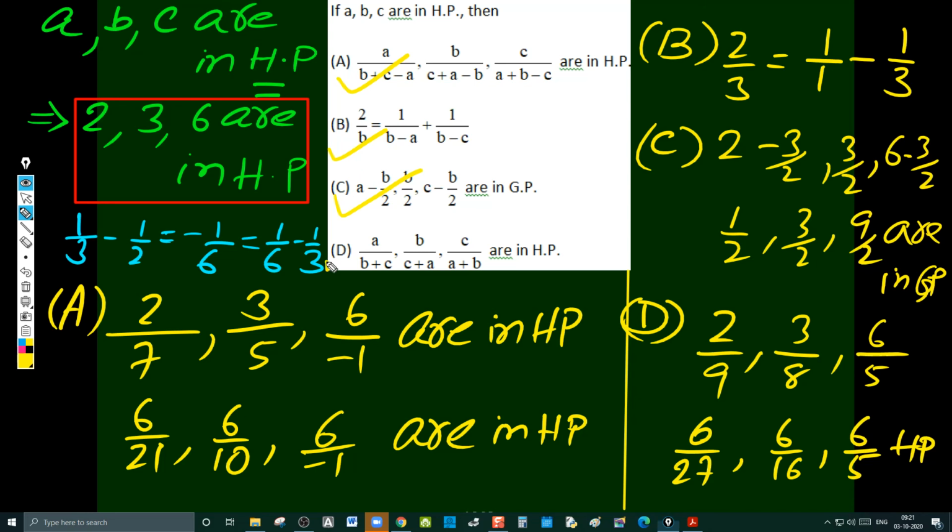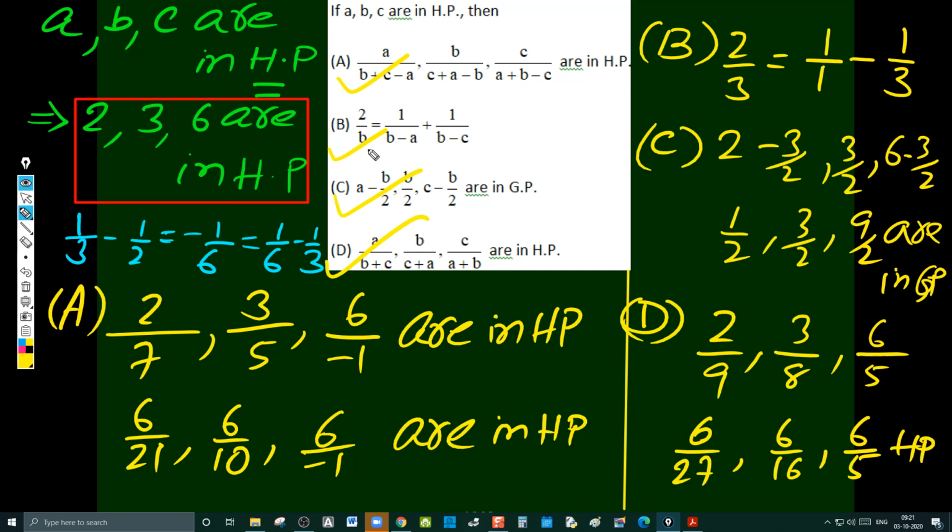If the method is to be followed, you know what is to be done there. If A, B, C are in HP, then 1 by A, 1 by B, 1 by C are in AP, and then you have to proceed with the addition and subtraction of the terms. You have to follow the characteristics of AP. What are the characteristics?